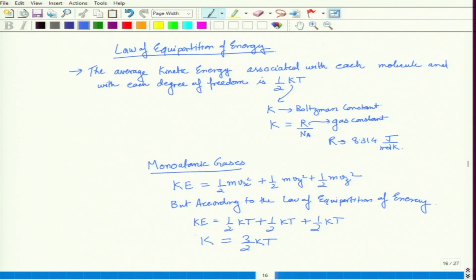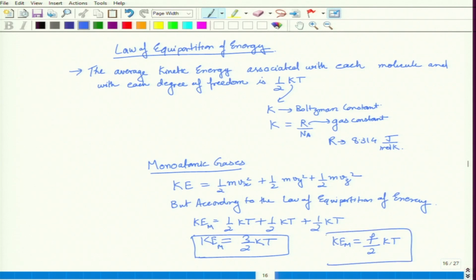So from this, can we conclude that if I have to write the kinetic energy of the molecule in terms of the degree of freedom, I can write it like this? This is the degree of freedom divided by 2 kT, because we have arrived at 3 by 2 kT, and 3 is the degree of freedom for the case of monoatomic gases.